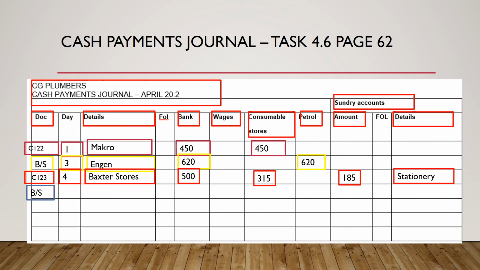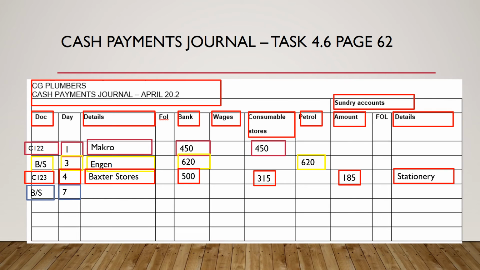That's why we enter it into the details of sundry accounts, because we do not have a column for stationery. When we add 315 plus 185, we get a figure of 500 Rand. So we spent 500 Rand at Baxter Stores buying consumable stores and stationery.